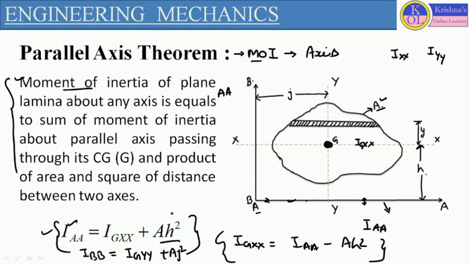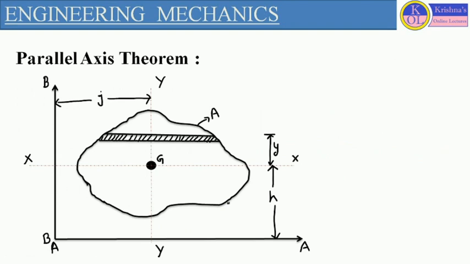Now if we want to prove this particular term, here we are considering again this plane lamina of area A, and the centroid or the center point of this lamina we are considering G. And from this centroid, axis XX and axis YY are passing through. So the intersection point of axis XX and axis YY we can consider as this CG or centroid or center point.